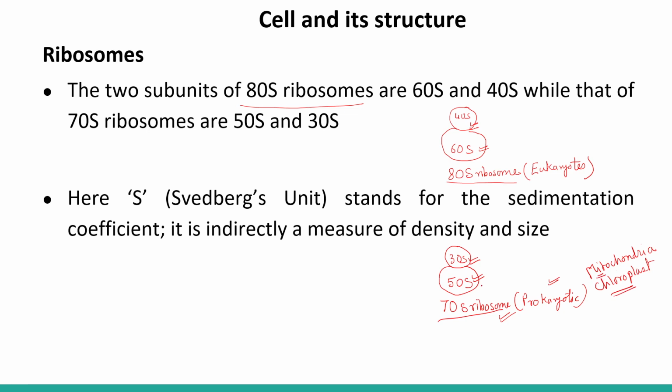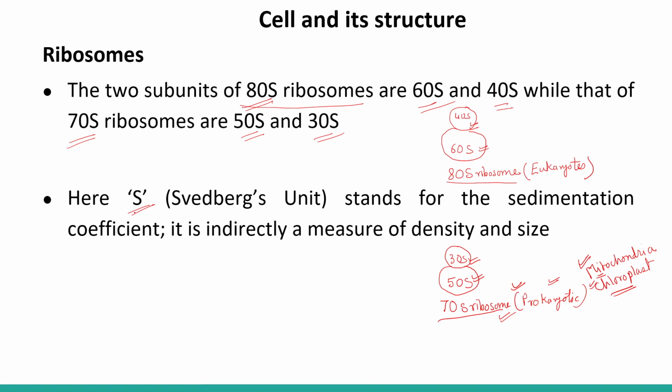So they are present in prokaryotic cells as well as in eukaryotic organelles like mitochondria and chloroplast. As we see, we write the 70S type and the 80S type, and their subunits are 50S, 30S, 60S and 40S respectively.